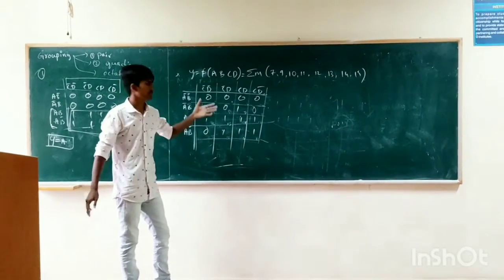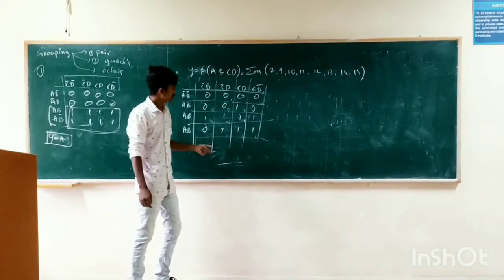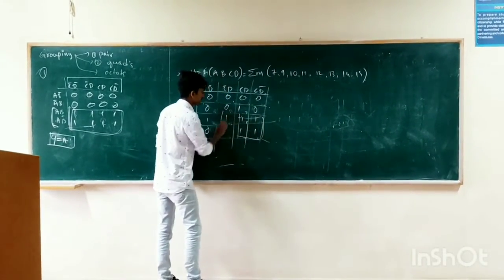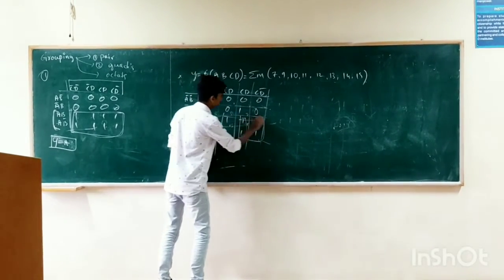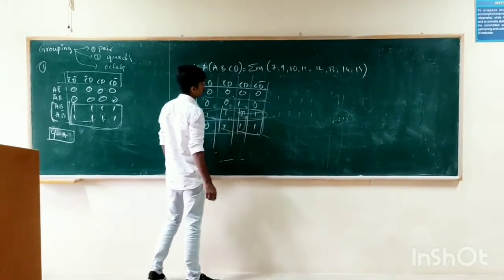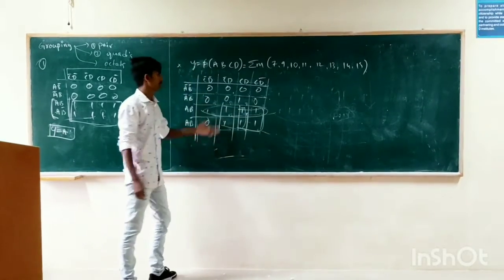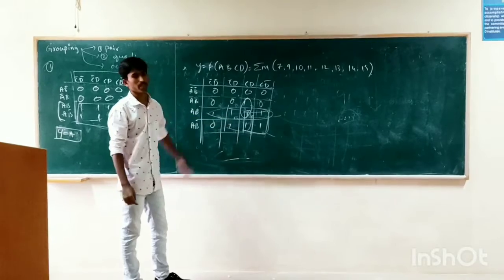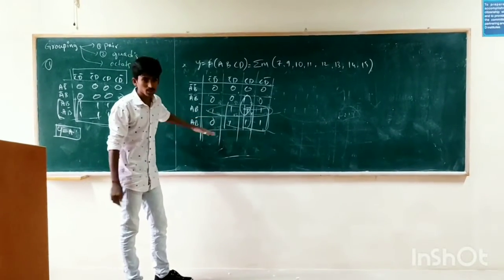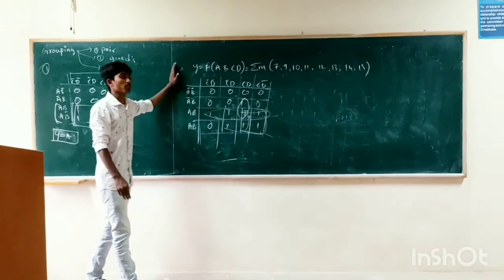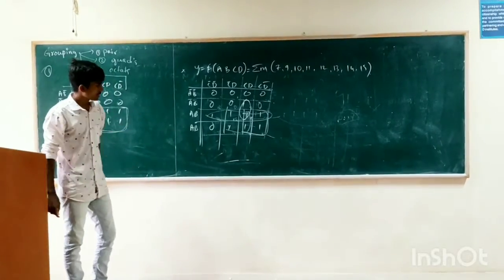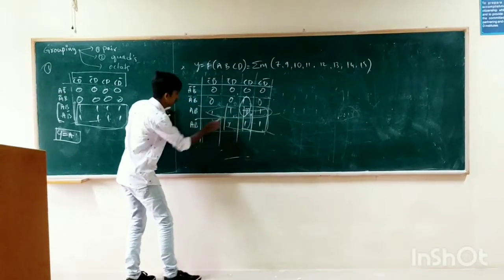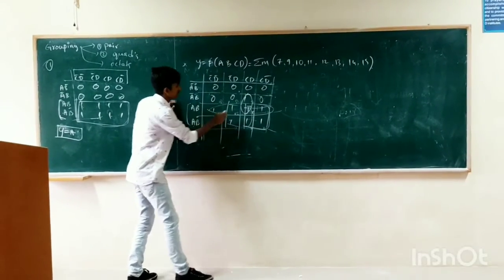Let's go to the second one, quads. If you come to the quads, yes, we have here one group, and here a second group, and here a third group. And next one, the pair, and we have one pair here. Now we need to write the Boolean expression considering the groups. Let us consider this part. We have a fundamental product for this one and for this part.